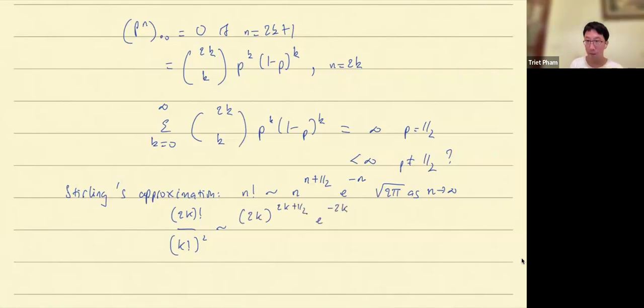Forget the square root of 2 pi because it's constant. Divided by k to the k plus 1/2, e to the minus k, squared. Okay, so far?